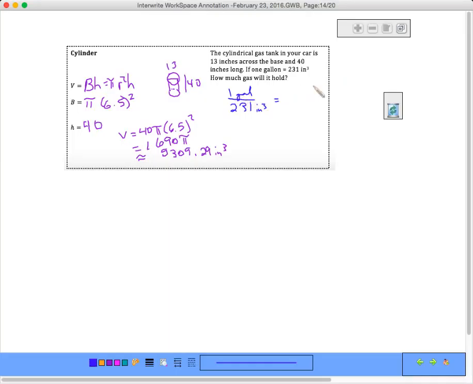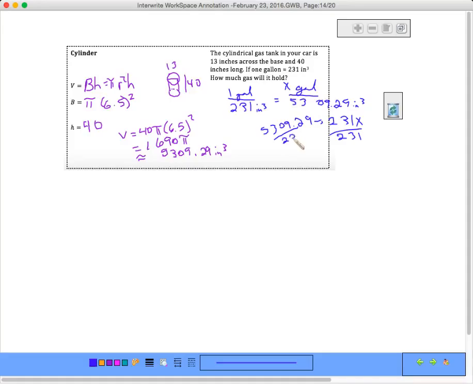So I want to know how many gallons will be 5,309.29 inches cubed. So I'm going to cross multiply, so that would give me 5,309.29 equals 231x, divide both sides by 231.